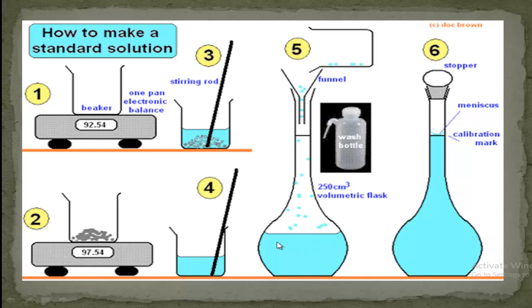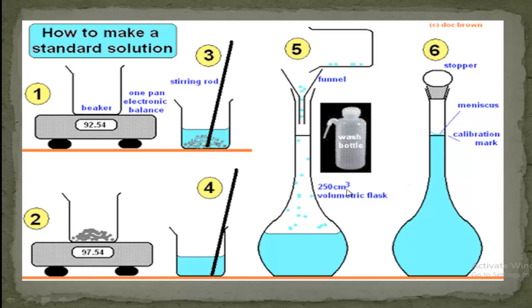Then we will add water, and it will be better if you add water using a wash bottle, then it will be easy to fill up the volumetric flask up to the mark. So now we will carefully add the water using a wash bottle, and we will fill it up to the calibration mark of that volumetric flask of definite volume.